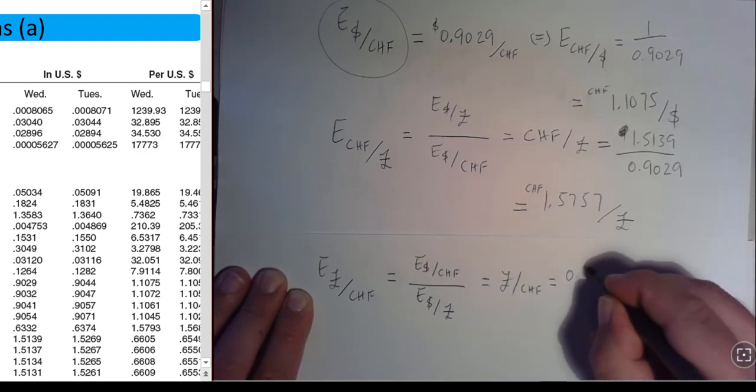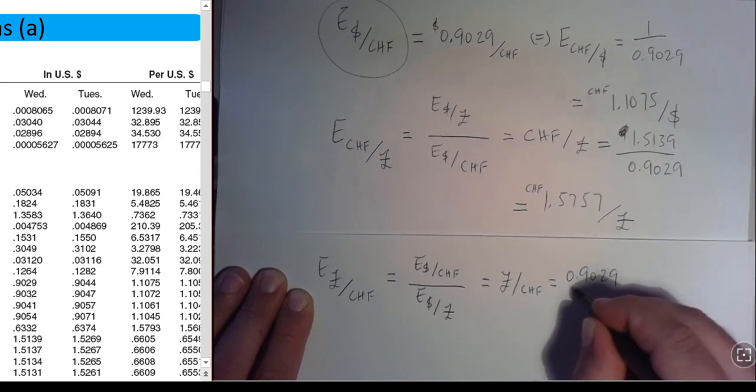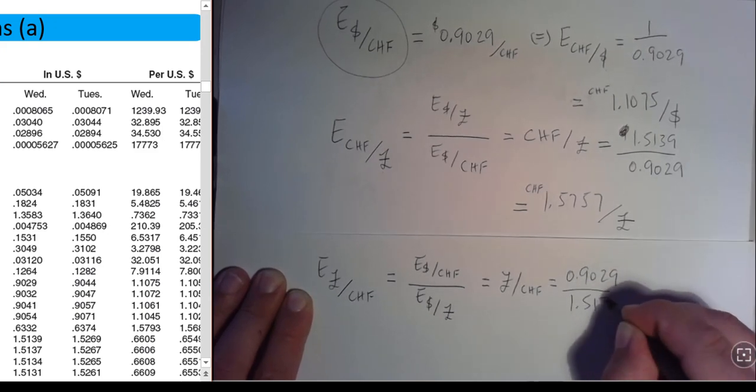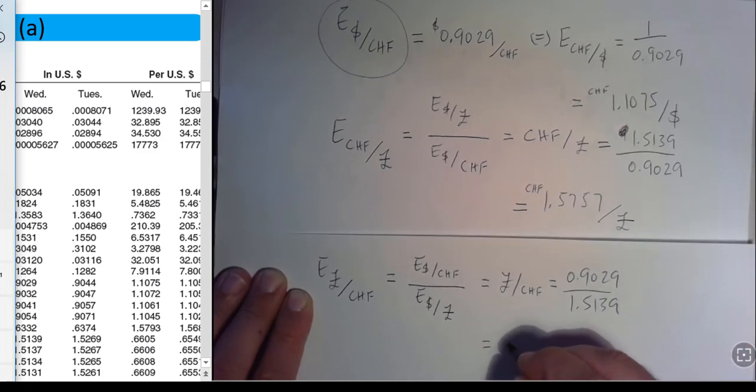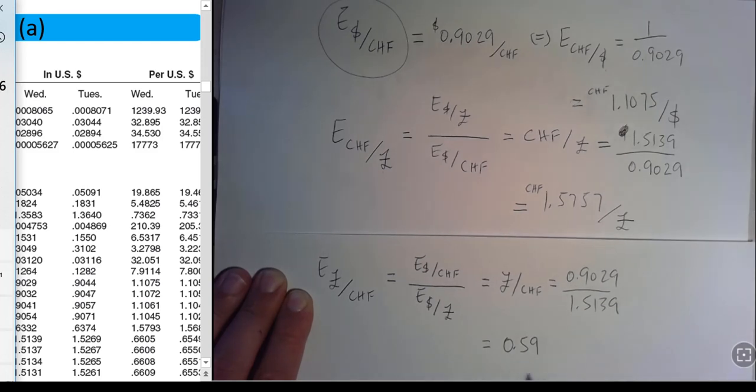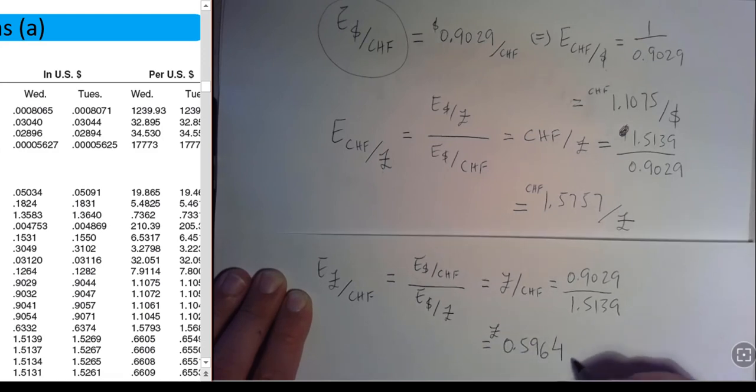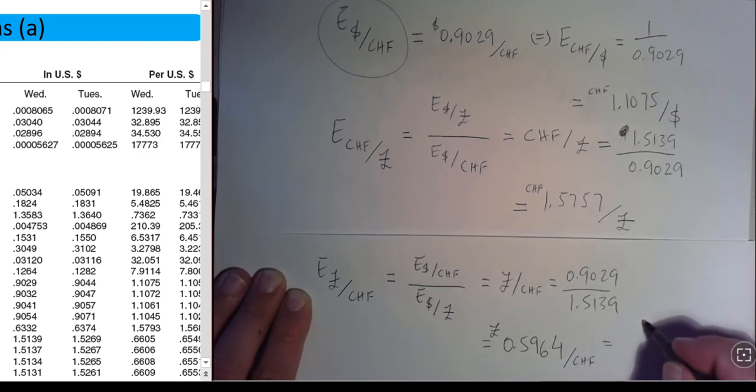So 0.9029 divided by 1.5139, which gives 0.5964 pounds to buy a Swiss franc, which is exactly equal to the inverse of the previous quote.